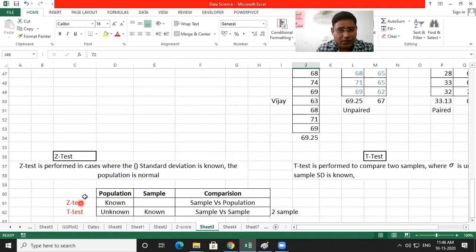So this is the table. With this table, you can easily find out the difference between z test and t test. Population standard deviation here is known, here it is unknown. In a z test, we are doing comparison of sample versus population. In a t test, sample versus sample.